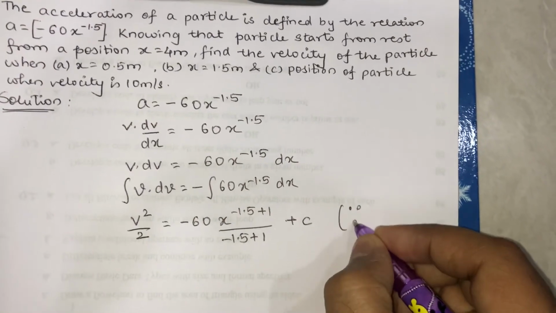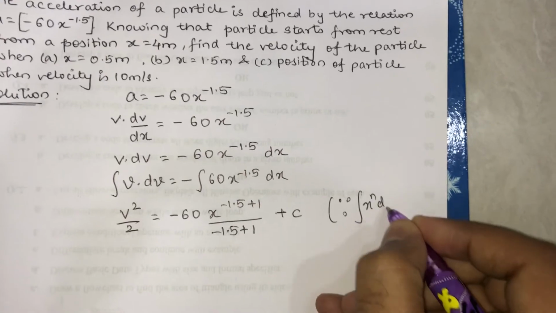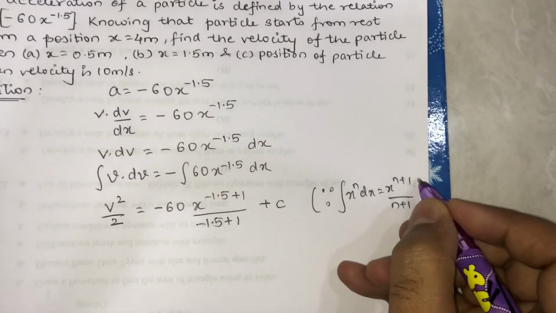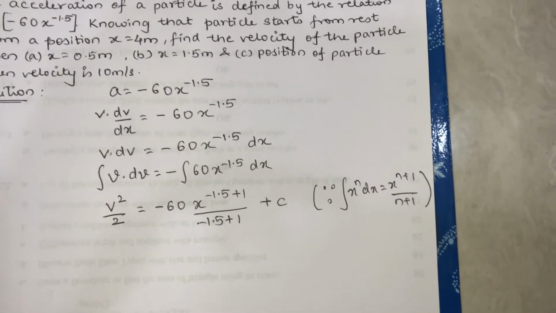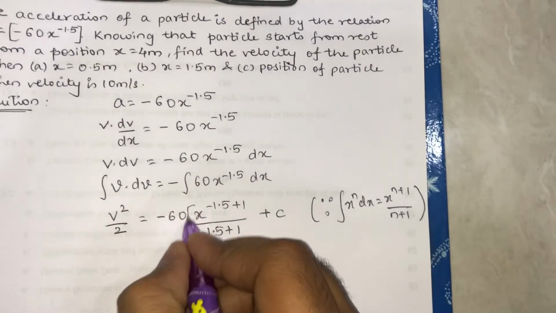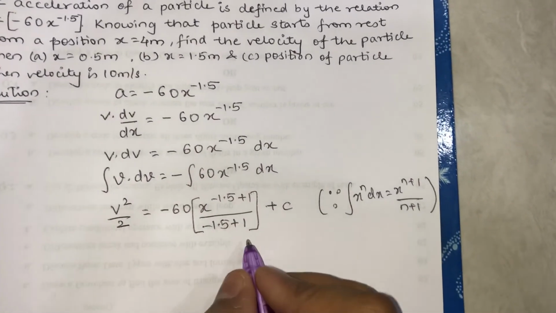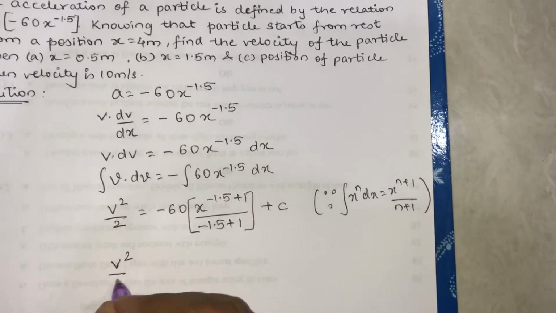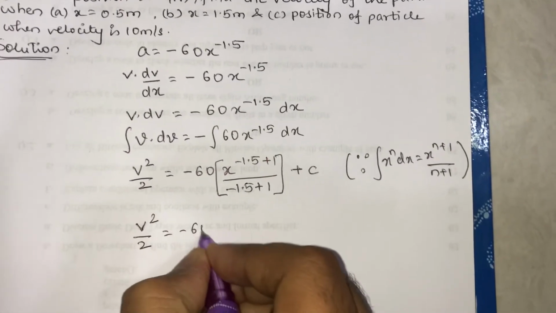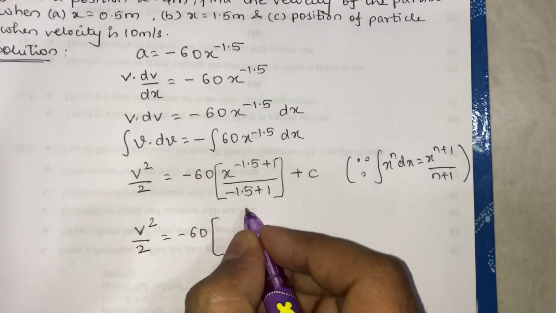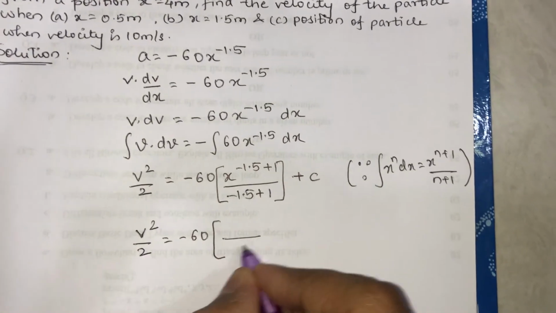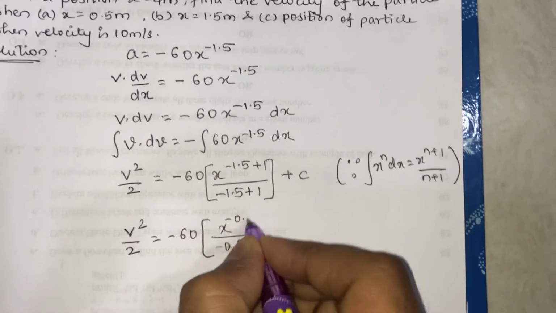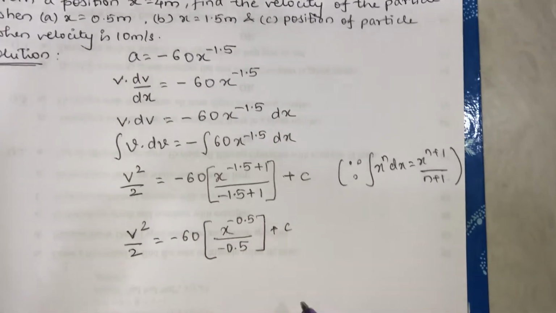Now I'll just mention it here. The integration of x raised to n dx is equal to x raised to n plus 1 upon n plus 1. This is the formula. Now if I write this, v square by 2 equals minus 60 times x raised to minus 0.5 upon minus 0.5, plus c.